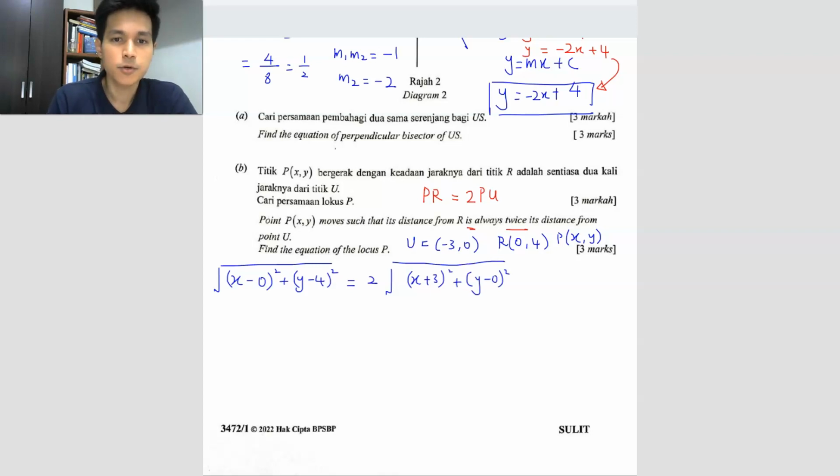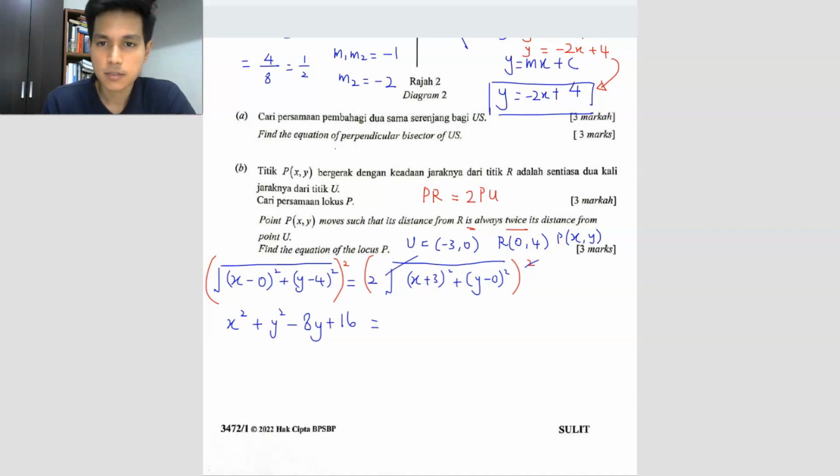Okay, so the first step we're going to do is eliminate the square root by squaring both sides. When you square both sides, the square root and the square cancel each other, so you are only left with x squared plus y squared minus 8y plus 16. For the second part, when you cancel this, don't forget the 2 here, you still have to square it, because the square is for the whole thing.